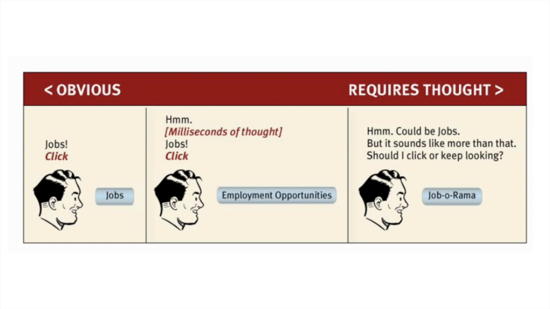If we see something that says employment opportunities, we're going to be like, okay, that's probably a job, so let's click that. If we see something that says Joborama, for example, we would be like, what is Joborama? Should I click it? Should I not click it? Should I keep looking? What is this going to take me to? And maybe some people would just exit your site at that point because they would be very confused about what is going on.